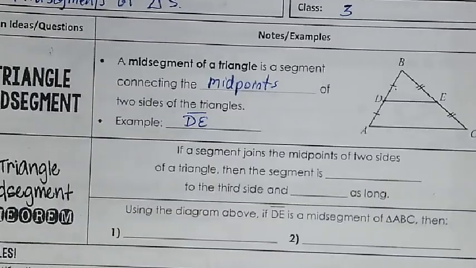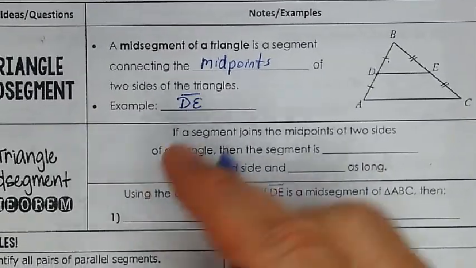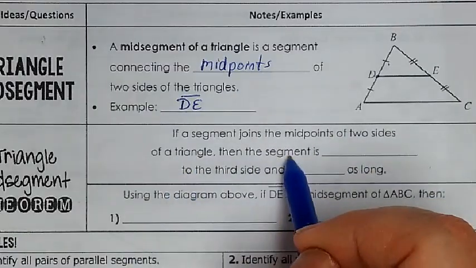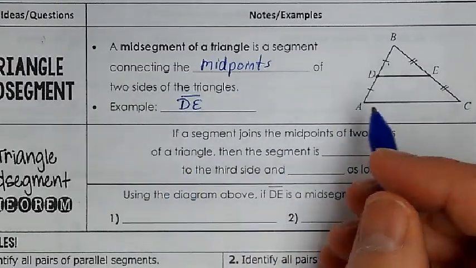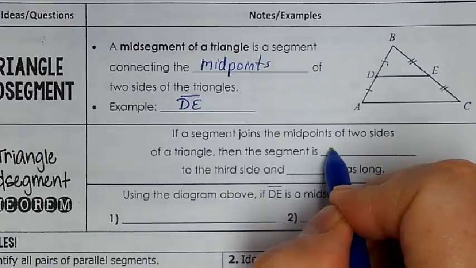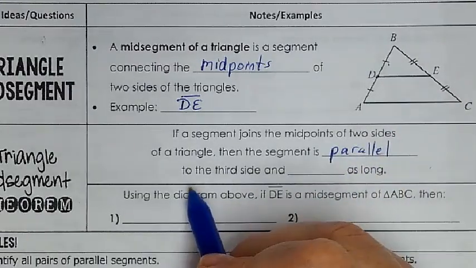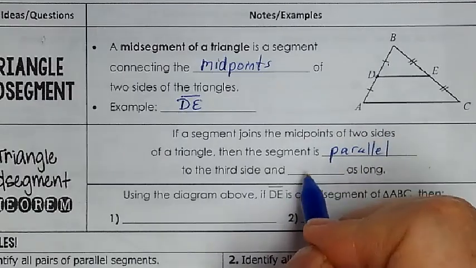Okay, cool. Now, it says if a segment joins the midpoints of two sides of a triangle, then the segment is parallel to the third side and half as long.